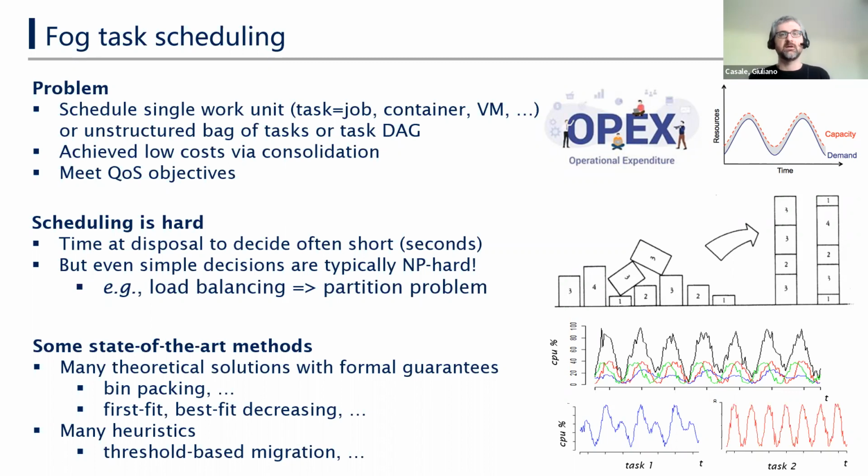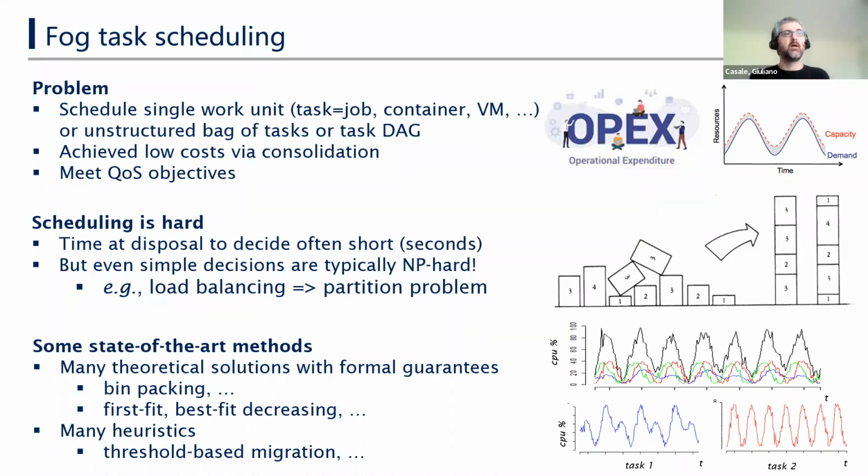So you have a certain guarantee that the solution they offer will be not worse than a certain percent compared to the optimum, even if the optimum is not known. And these methods, however, they're not very tight in terms of optimality. They leave a lot of margin for improvement.